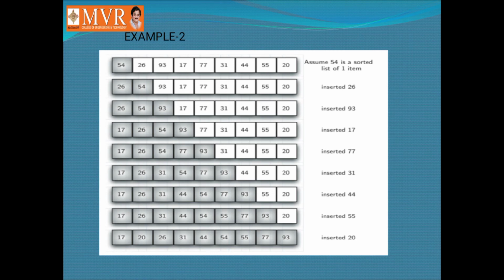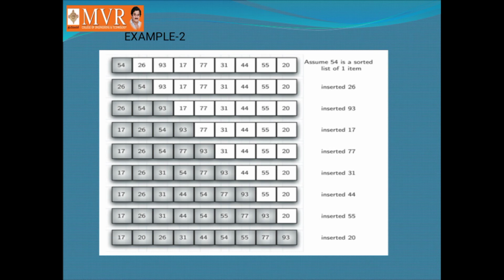After that I compare my element 93 with 31. 31 is smaller than 93. So it should be moved front. Again I compare 31 with 77. It should be swapped. Again I compare 31 with 54. It should be swapped again because 31 is smaller than 54.